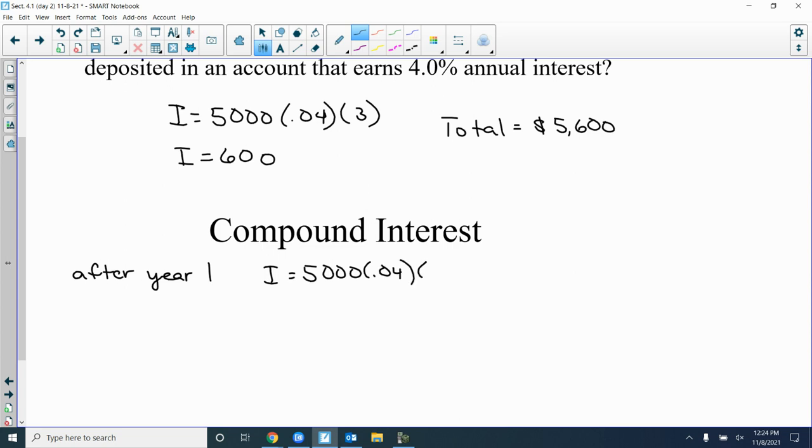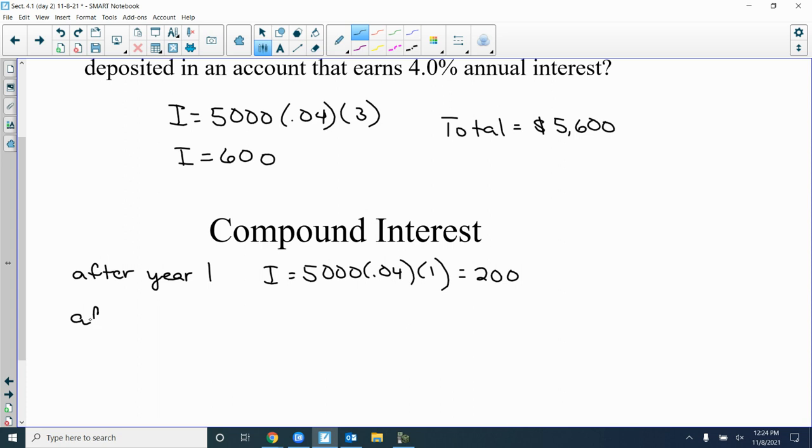Now the time is 1 year, because we're taking the interest after a year. So what is 5,000 times 0.04 times 1? That is 200. What you do is you take the 200 and you add it to your initial 5,000. So now it becomes 5,200.